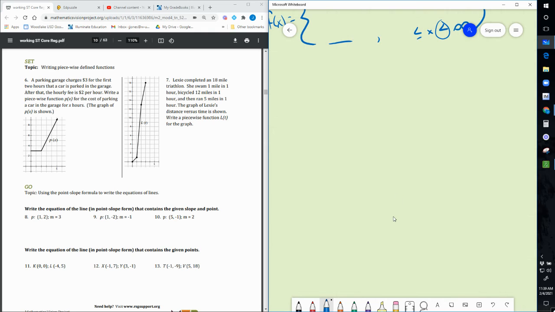All right, last but not least is the go section. And it says, write the equation of the line in point slope form that contains the given slope and point. We practiced this on Monday in the warm-up. So the point is 1, 2, and the slope is 3. Okay, so remember that our equation is y minus y1 equals m times x minus x1.